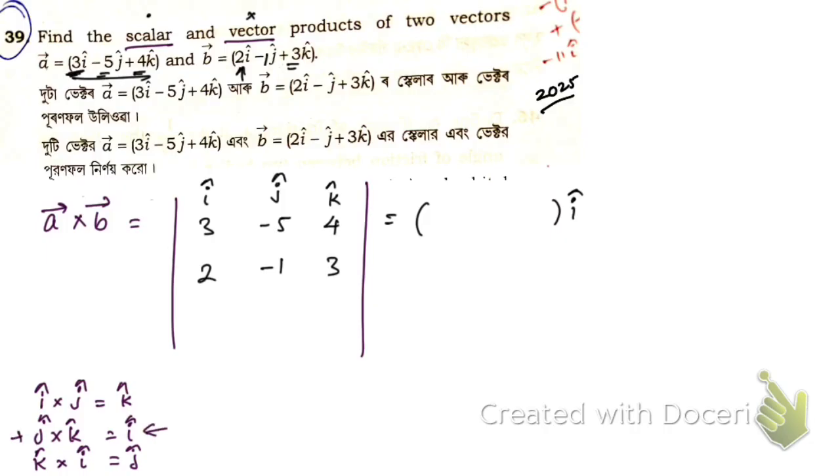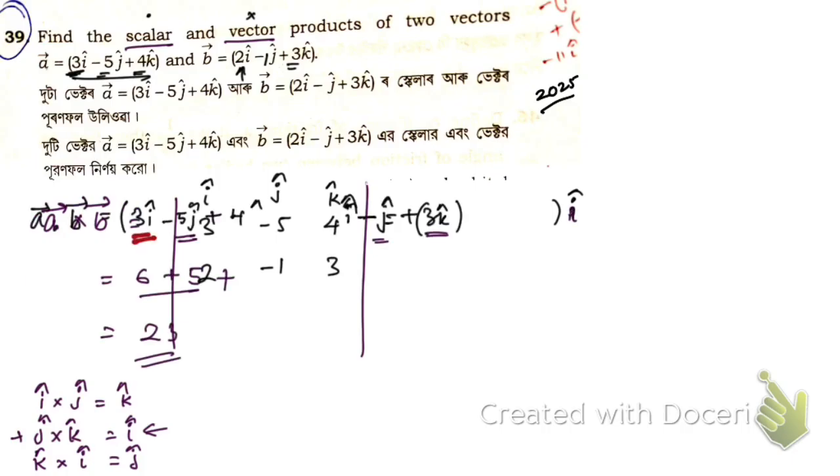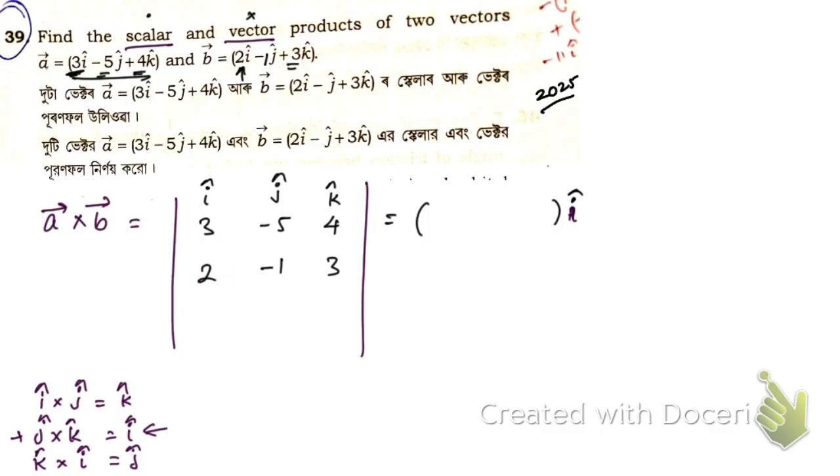That's why for I cap we need to take the numbers below J and K cap. So first ignore this column. Below J cap we have minus 5, minus 1, and below K cap we have 4 and 3.